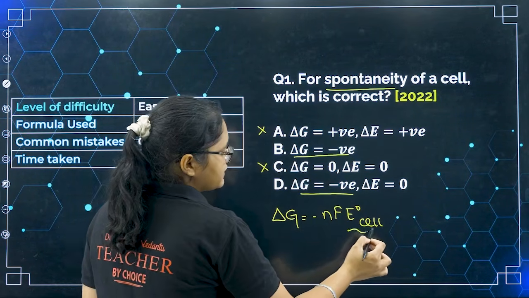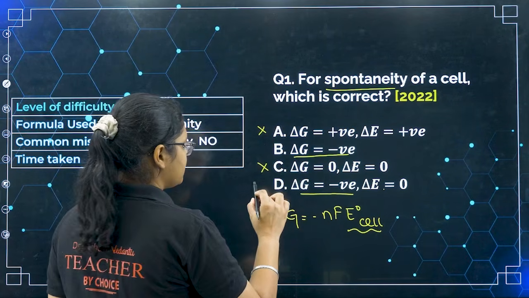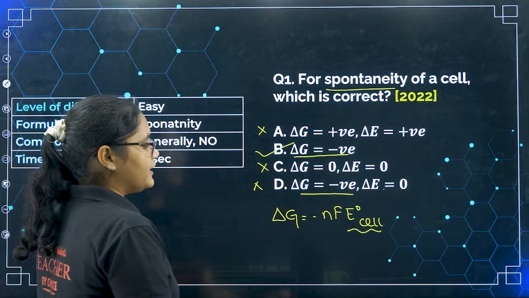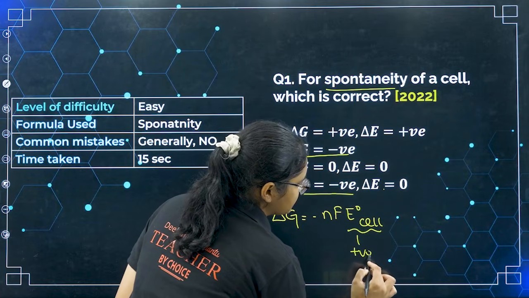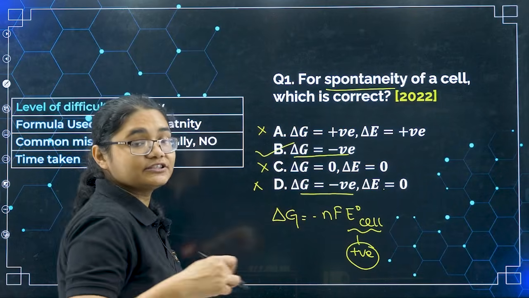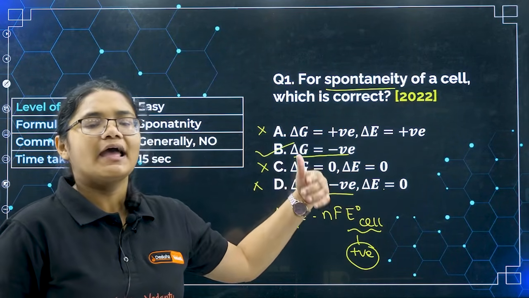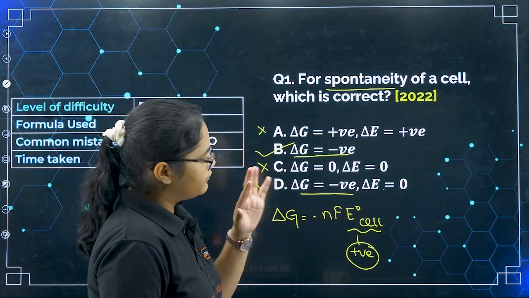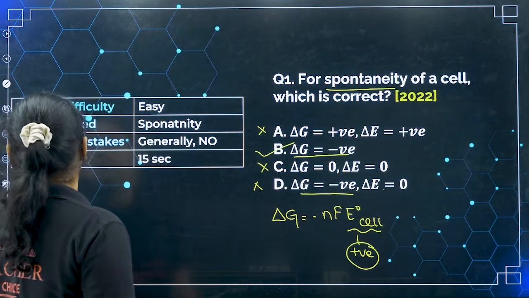Now if E naught of the cell becomes 0, then delta G will also become 0, so that will also not be the criterion. We should have delta G as negative, and if delta G has to be negative, then E naught of the cell must be positive, because if E naught of the cell is negative, delta G will become positive. So we have 2 criteria: delta G should be negative and E naught should be positive. But in the options there is no mention of E naught, so we only need to consider delta G. It has to be negative. So that is option B.